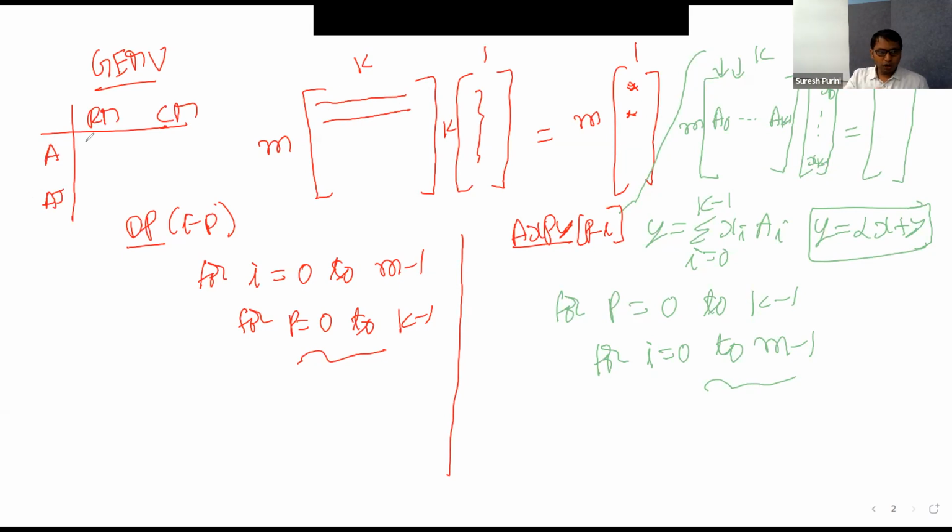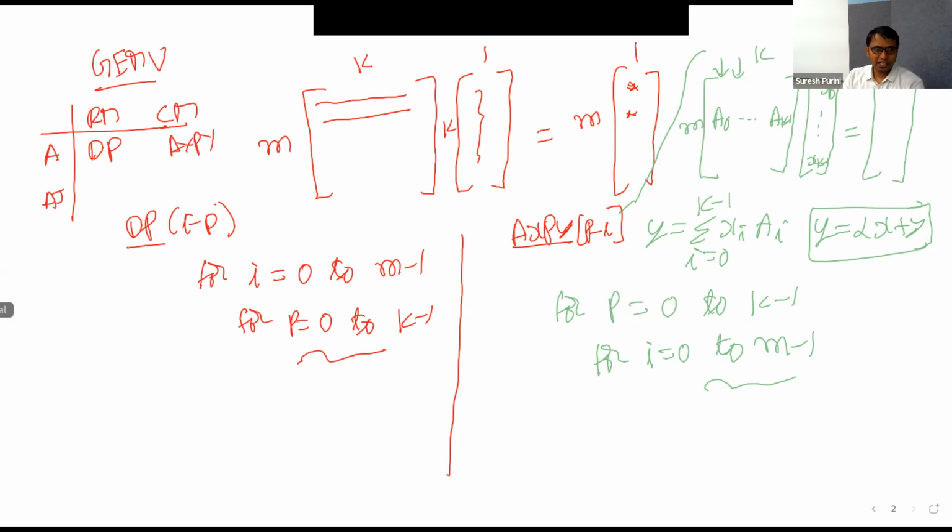So you want to use a dot product formulation here. But if the matrix A is stored in a column major fashion, just like in Fortran, you may want to use an AXPY formulation to solve the problem.